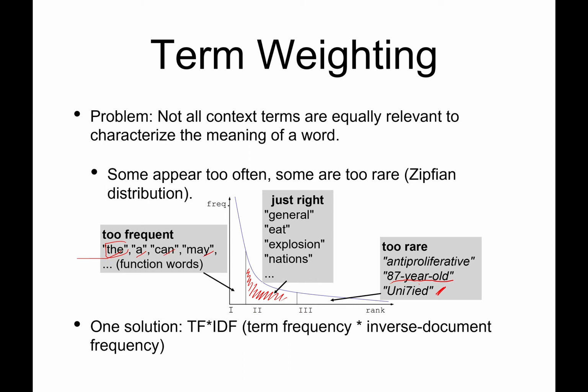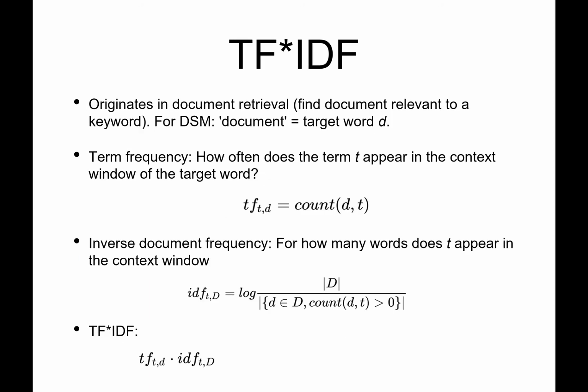So how are we going to weight these terms so that I can give one term more power of decision of what semantic category this word belongs to than others? We're going to use something called TF-IDF. TF-IDF normally is used in document retrieval.